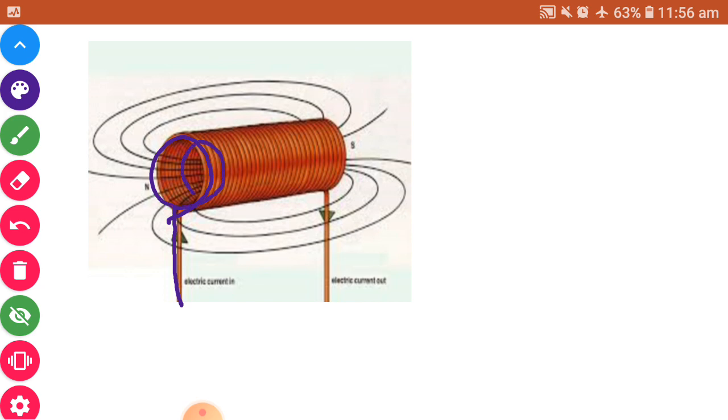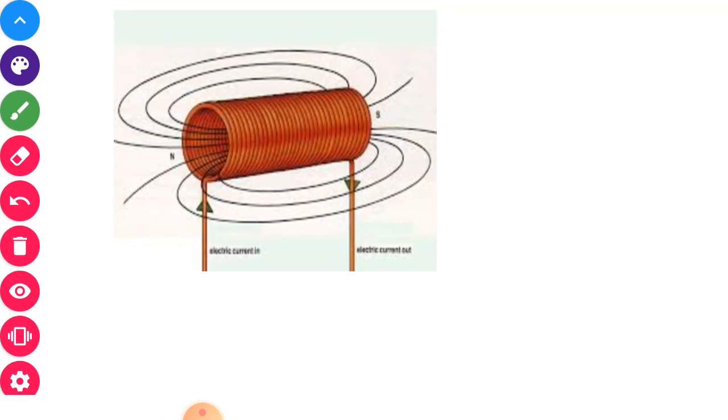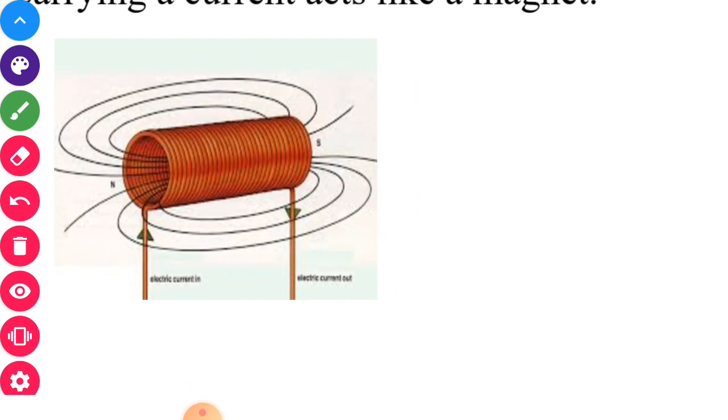Okay. So this is the direction of electric current. If you see from this particular end, then the current is flowing in this direction, that is in the anti-clockwise direction.